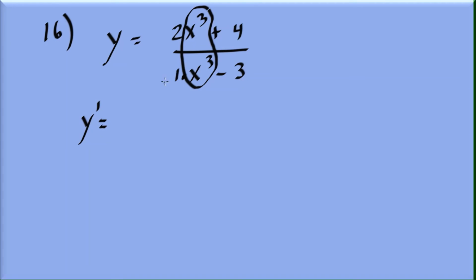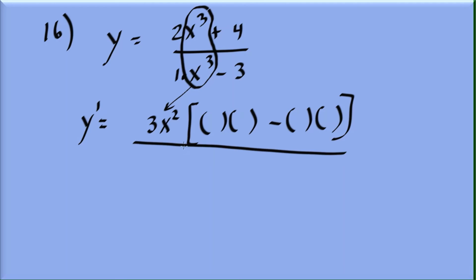Okay, so our derivative using the quotient rule shortcut is first get the derivative of this letter x cubed, which is now 3x squared, and then multiply that by AD minus BC over that same denominator, x cubed minus 3 squared. So what is AD? This is A, B, C, D. So AD is 2 times negative 3 minus B, which is positive 4, times C, which is 1.